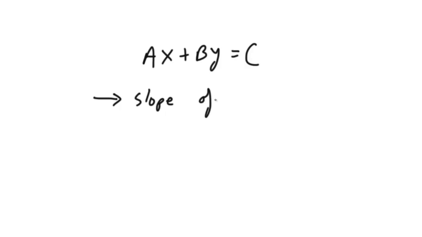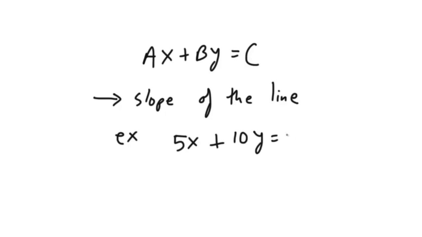Alright, the last one we're going to look at is the standard form, which is written as ax plus by equals c. And the good thing with this is you can easily pick out the slope of the line. So let's say the equation in standard form is 5x plus 10y is equal to 4. To get the slope, if you remember, it's just negative a over b. So that's the slope.